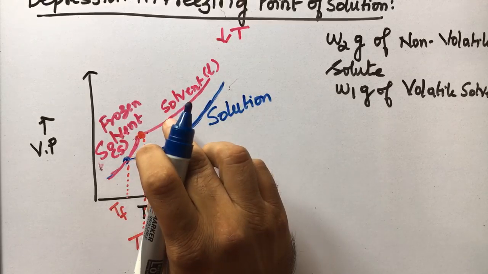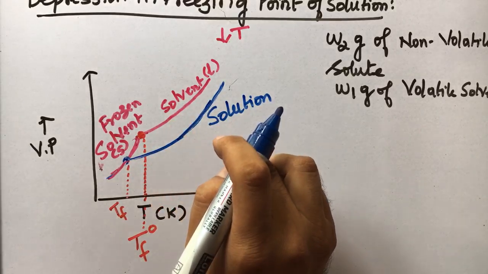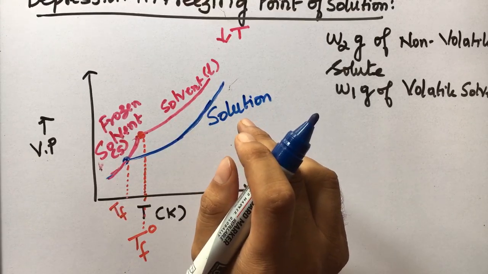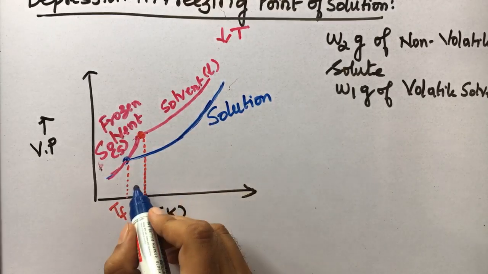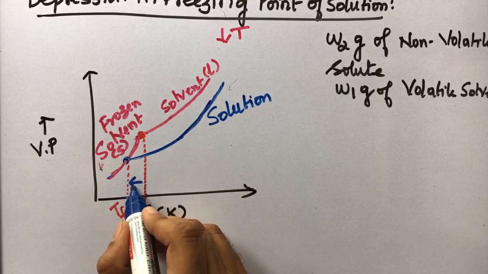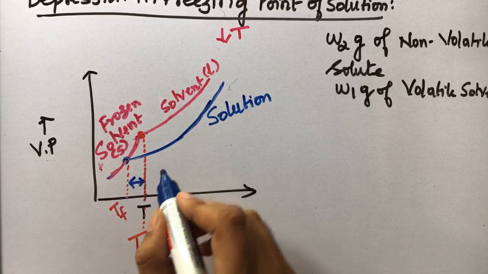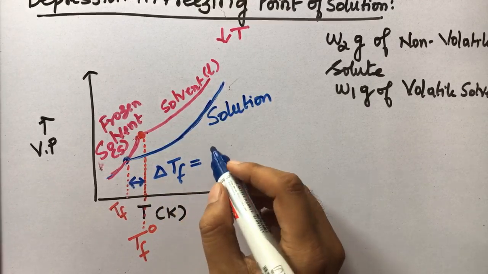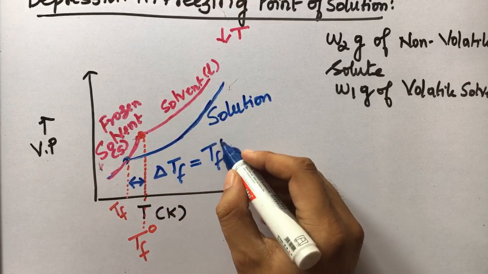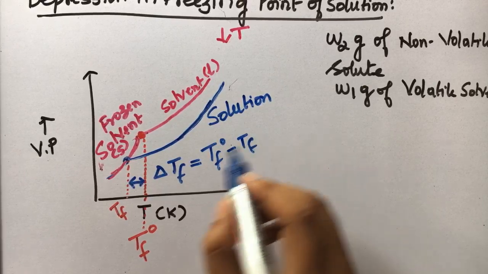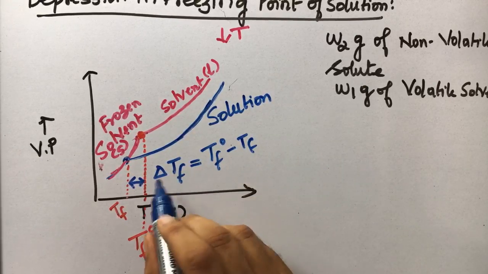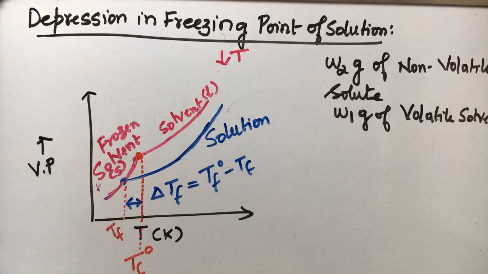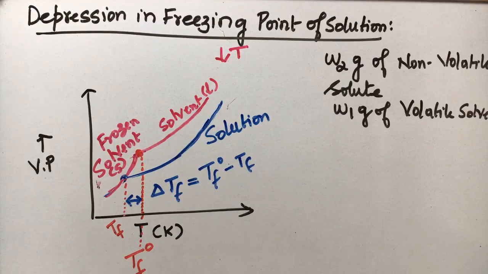This is for the pure solvent. You know that for any solution, vapor pressure would be less than its solvent at any particular temperature. Now what has happened to the freezing point? You can see it has decreased, and this difference we call delta TF, equal to TF naught minus TF, and we call this depression. Since there is a decrease in the freezing point, we call it depression in the freezing point of the solution.